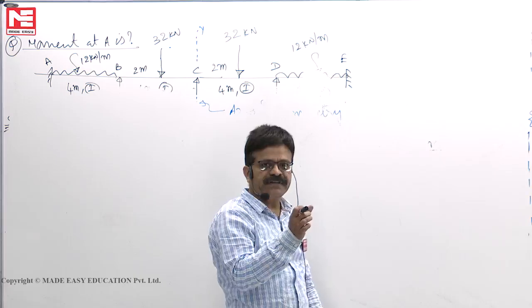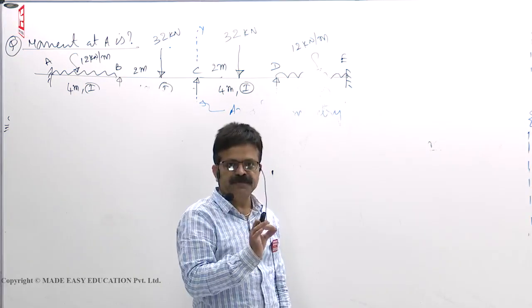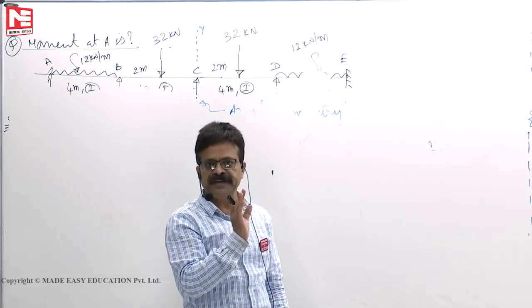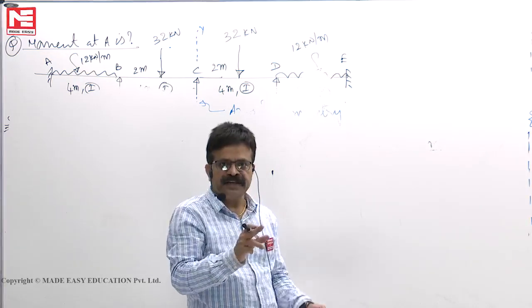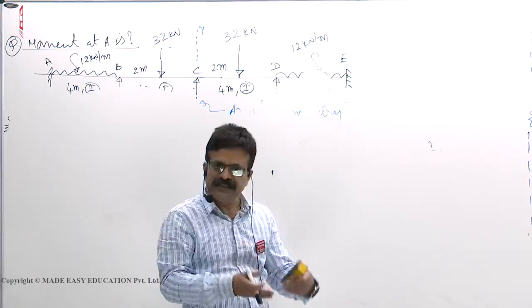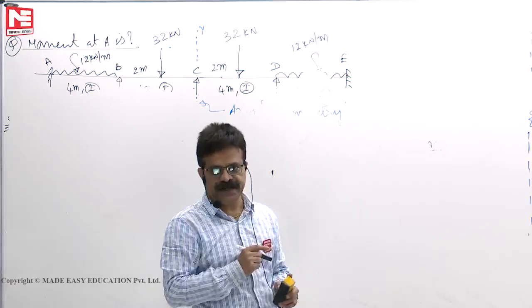After joints rotate, whatever moment you get is the final end moment. Fixed end moment means the moments required to lock it to make the slope 0. Then after unlocking, they get distributed. It will be in equilibrium. Then in the equilibrium condition, the end moments are called final end moments.